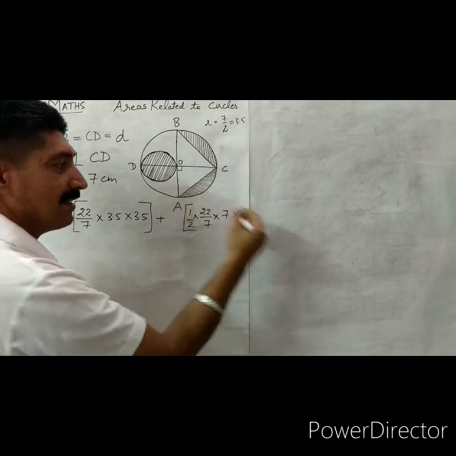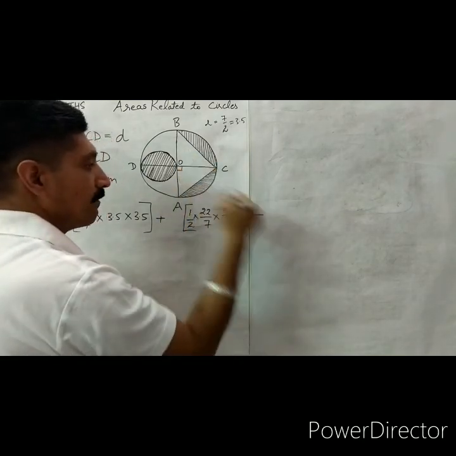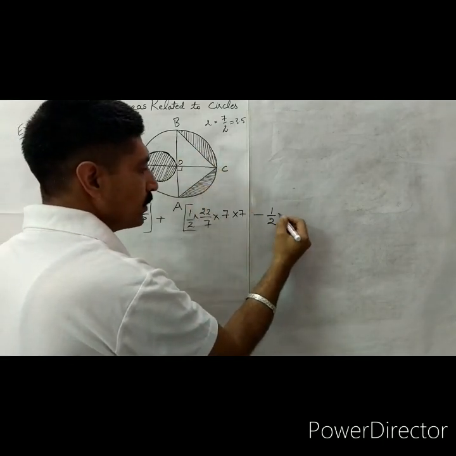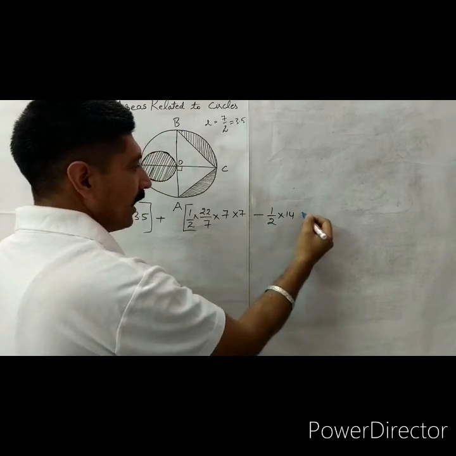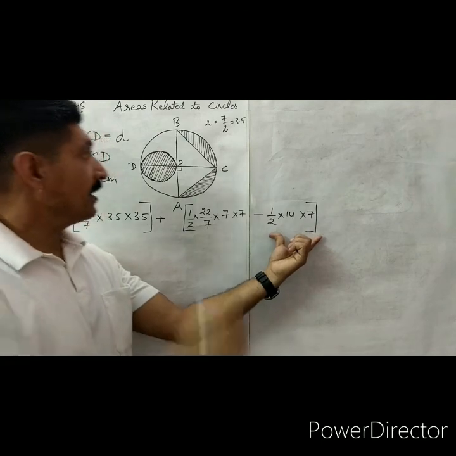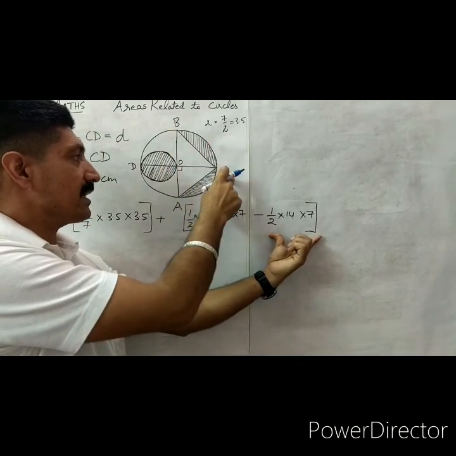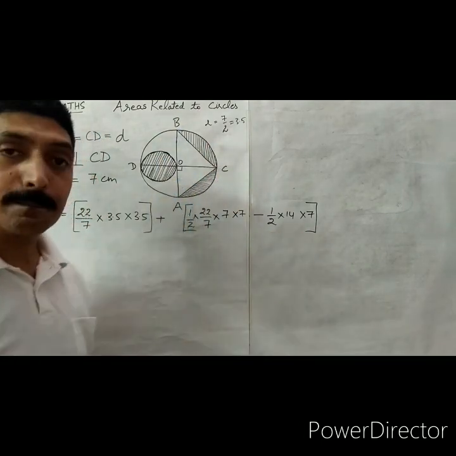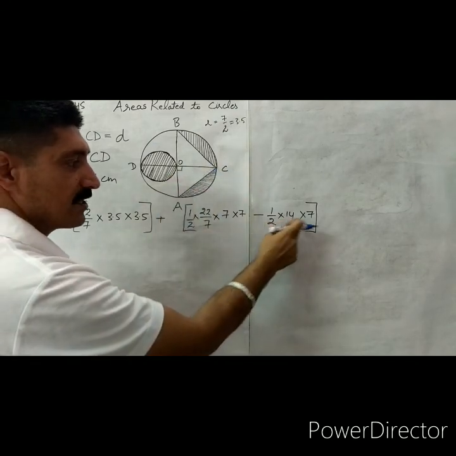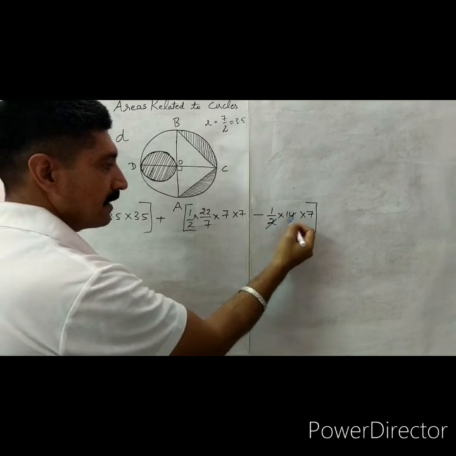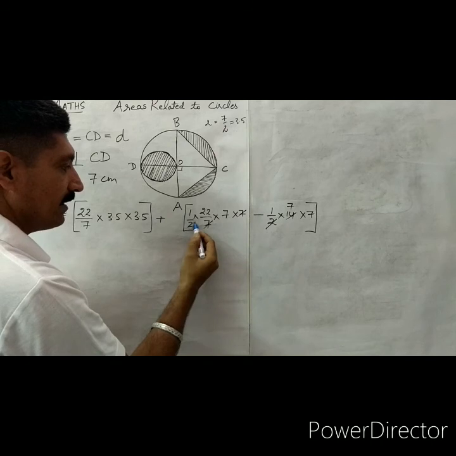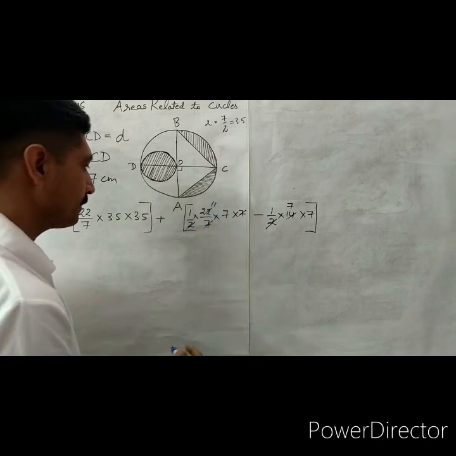Half means semicircle, minus area of this triangle ABC, which is half into base is equal to 14, and here height is 7. This triangle ABC, AB is the base and OC is the height. So area is half into base into height. So here we have, this is 7 here, 1 7 with 1 7, and it is 11 here.